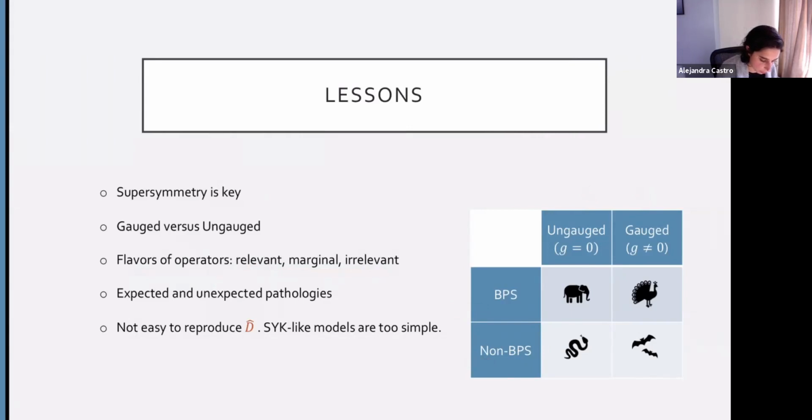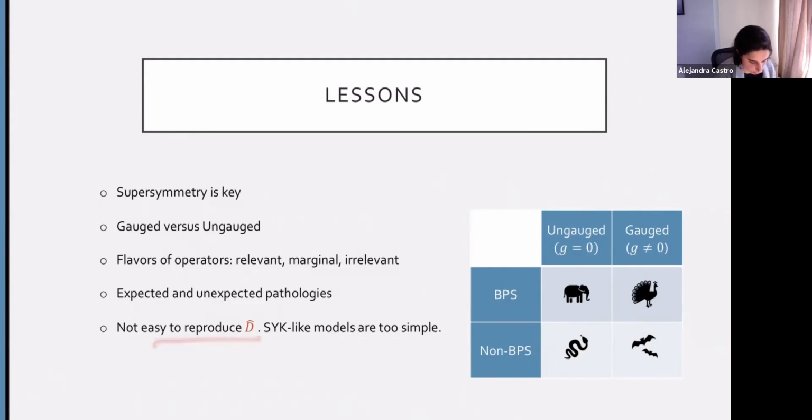Okay, there were some expected pathologies. By that I mean the violations of the BF bound that we found here. That's not too surprising, but there were also some unexpected pathologies related to the non-vanishing of cubic couplings in the ungauged case.